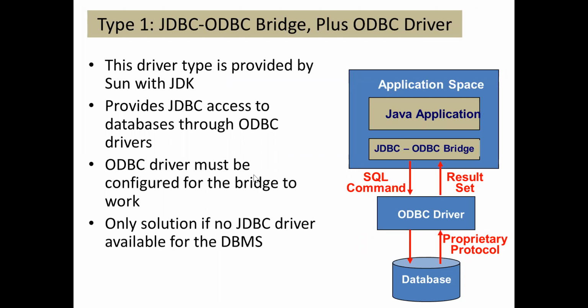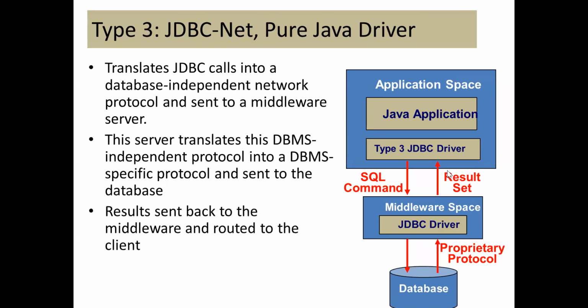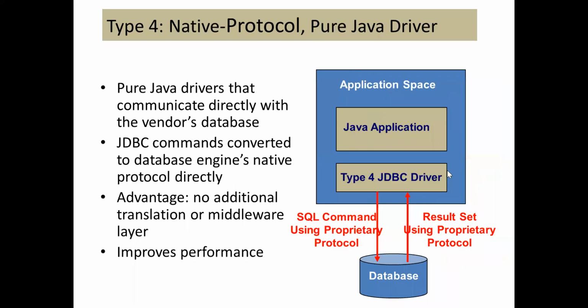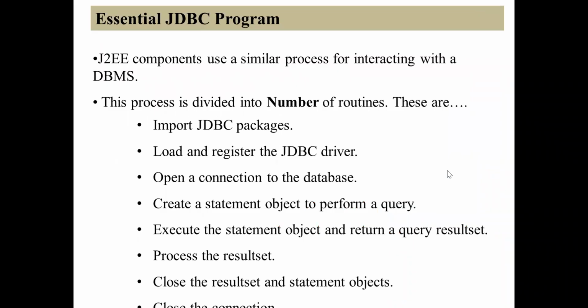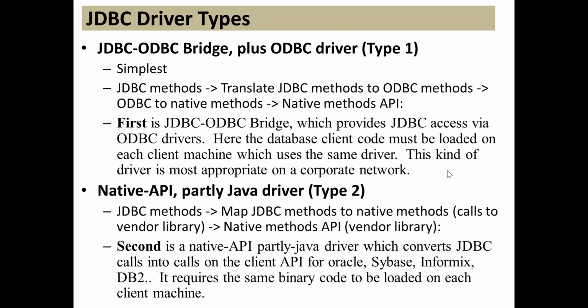There is a figure we will look at, so we can easily understand what the JDBC-ODBC bridge is, what the native API driver type is, the third one, the JDBC-Net pure Java driver, and the fourth one, the native protocol using the pure Java driver. You can see the JDBC driver types. The first one is the JDBC-ODBC bridge, which is the simplest.